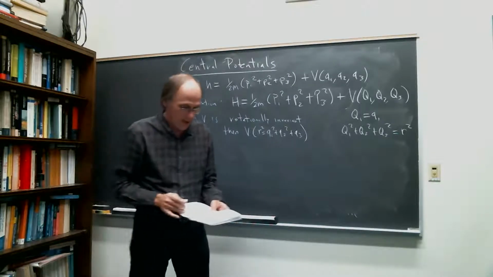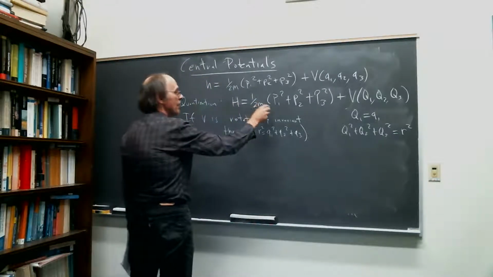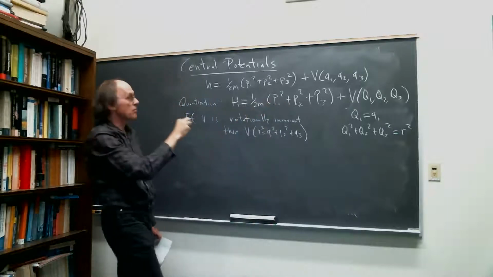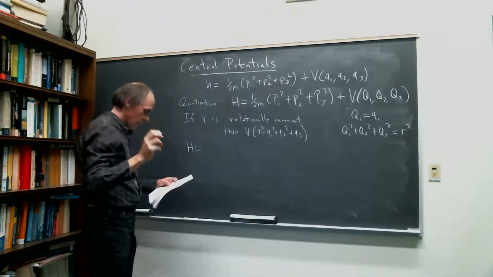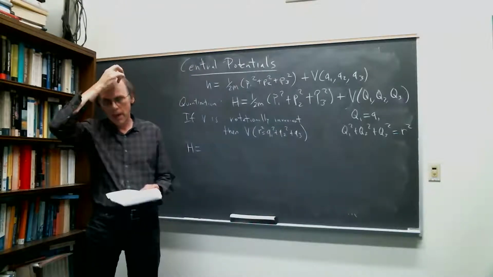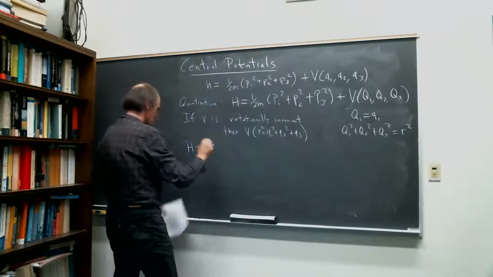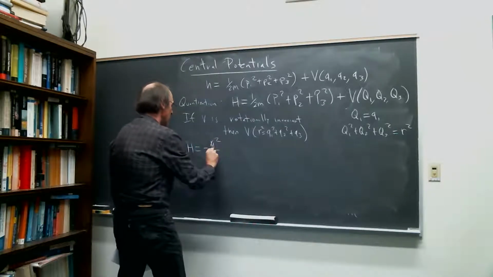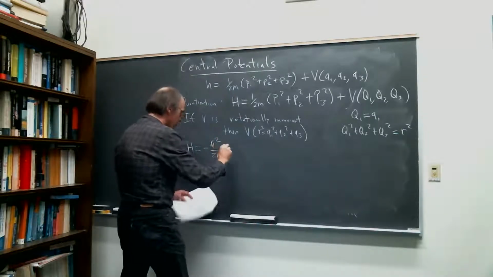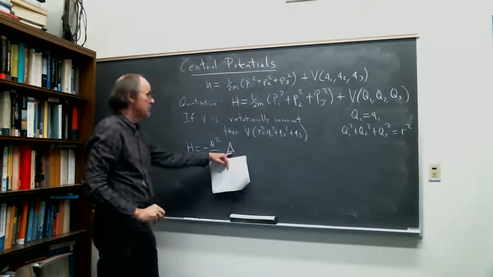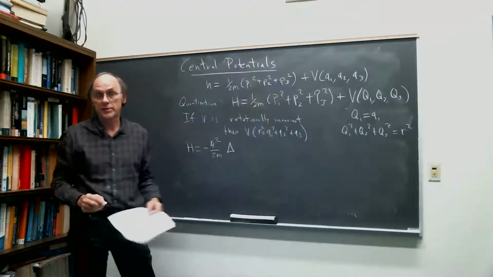Okay, so now if we're in this position space representation, then H is, and for now I'm going to put back h bars just so I can get energies with the right units, h bar squared over 2m times the Laplacian, which is the sum of the squares of the derivatives.